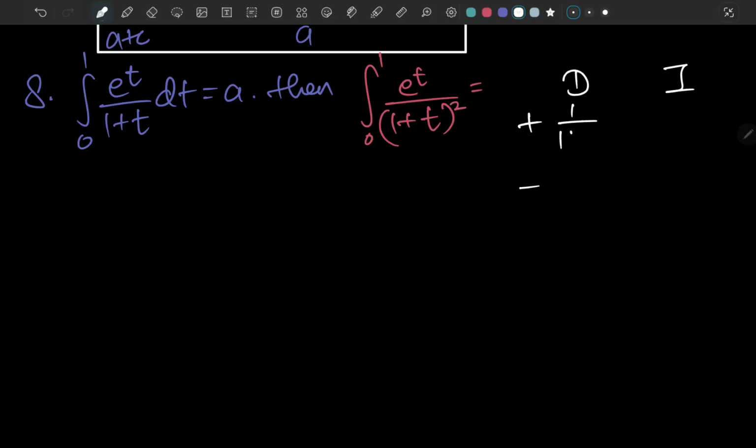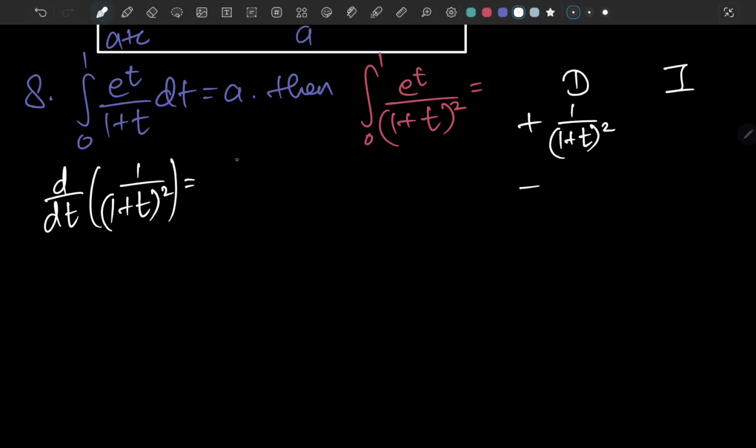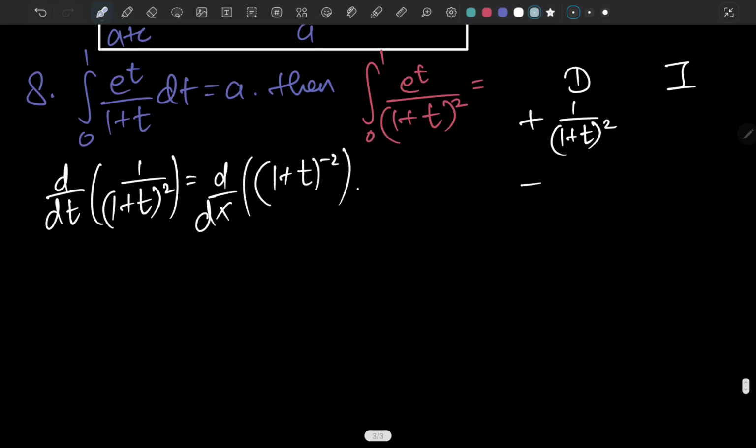So 1 over 1 plus t whole squared, which is 1 plus t to the power minus 2, and if we take the derivative of that function, it's minus 2 times 1 plus t.